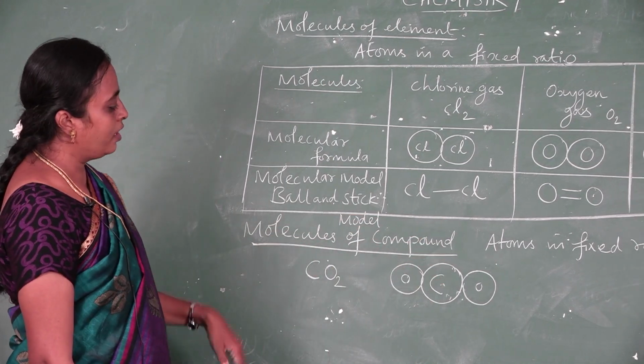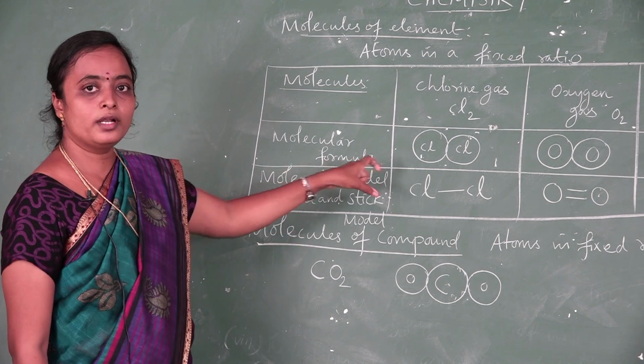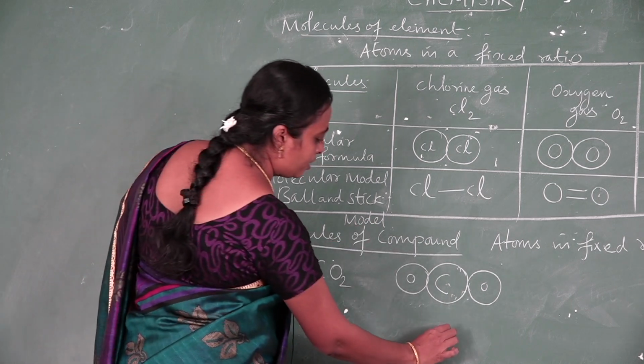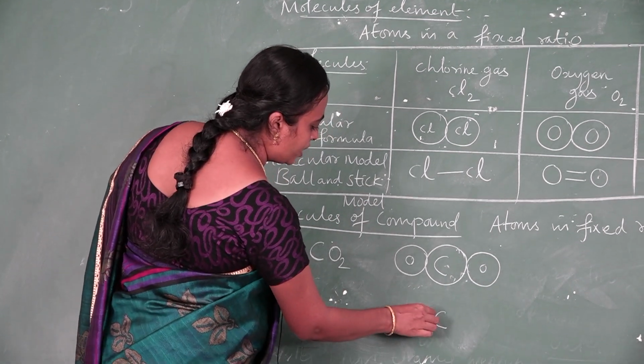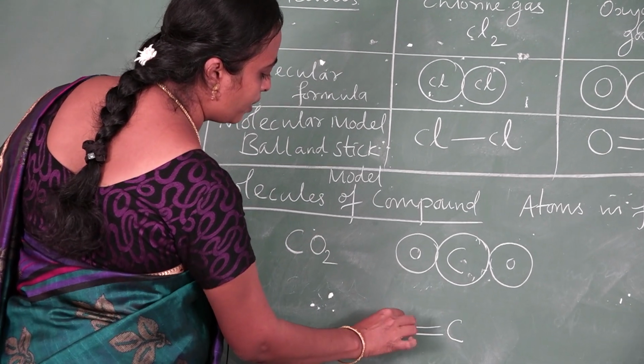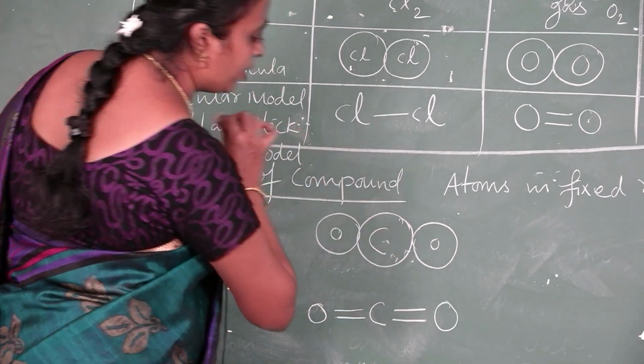In the same way, for the same molecule, how can you indicate by using a ball and stick model how that bond will be formed? If I am taking 1 carbon, the carbon is going to form a bond with the oxygen, that is a double bond. And in the same way, 1 more oxygen, that is also a double bond.